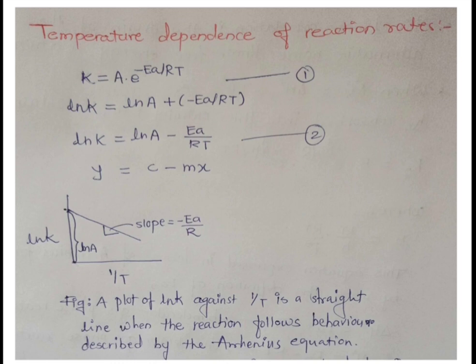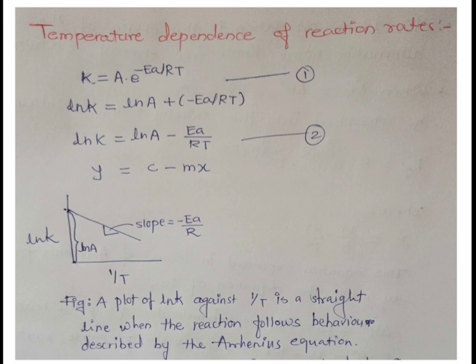Now we have to plot a graph. So arrange the equation according to y = mx + c or y = mx - c. Our equation obeys the straight line equation, y = -mx + c, or y = c - mx.